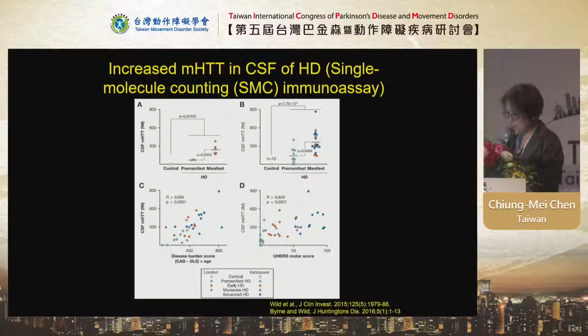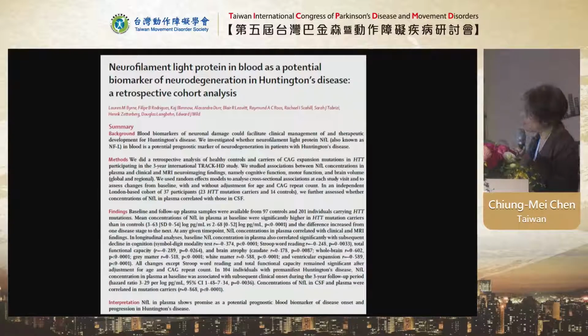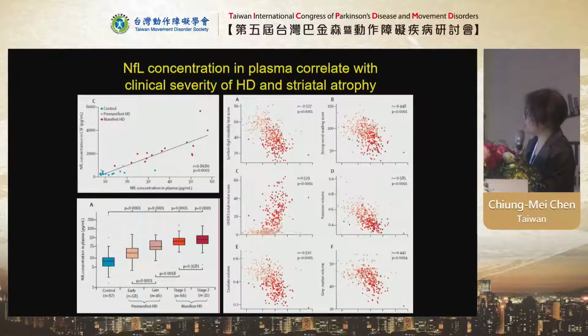So it seems that CSF mutant huntingtin is a good marker. And as we know that NFL has been shown to be a good marker for several neurodegenerative diseases, including Huntington disease. And this study shows that plasma NFL is correlated to CSF NFL level.